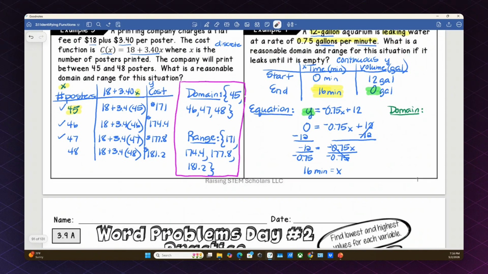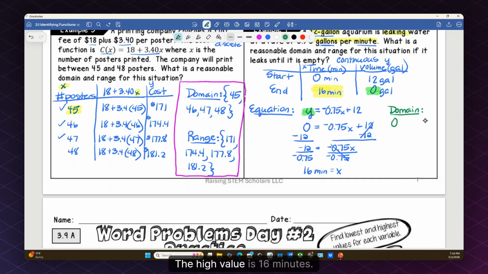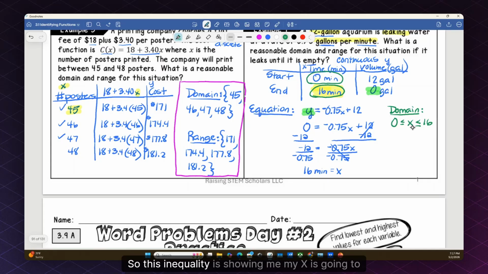My domain, the low value was 0 minutes. The high value is 16 minutes because I just calculated that, right? So my 0 is given. I just calculated 16. This is all my possible x values. The time can exactly equal 0, and it can exactly equal 16. So this inequality is showing me my x is going to be somewhere between 0 minutes and 16 minutes.